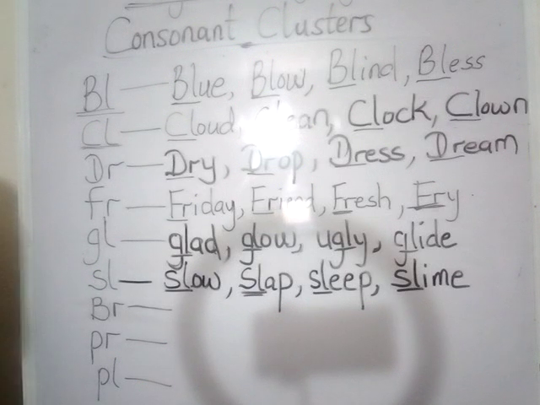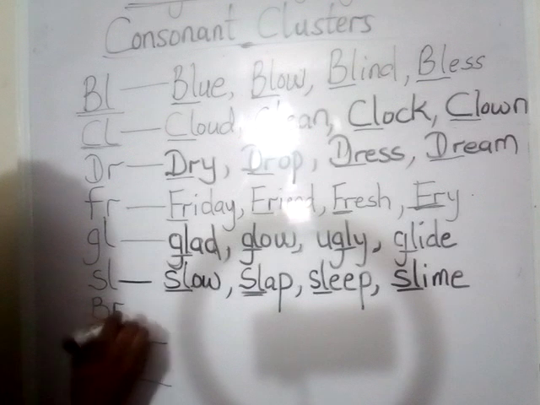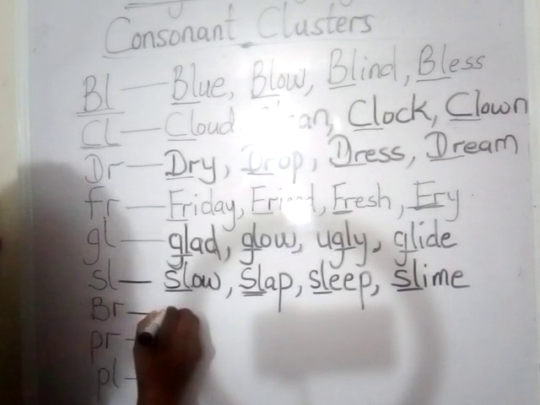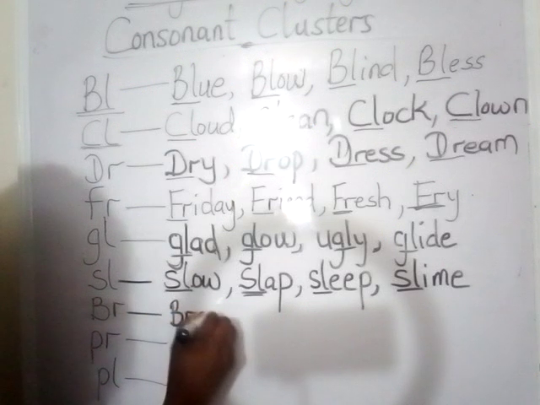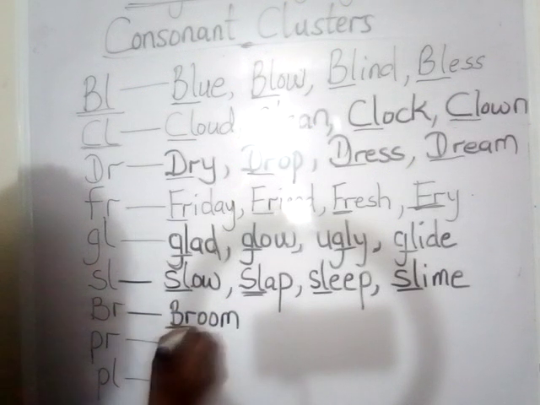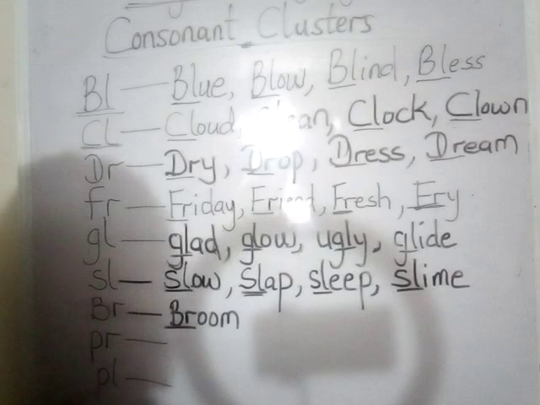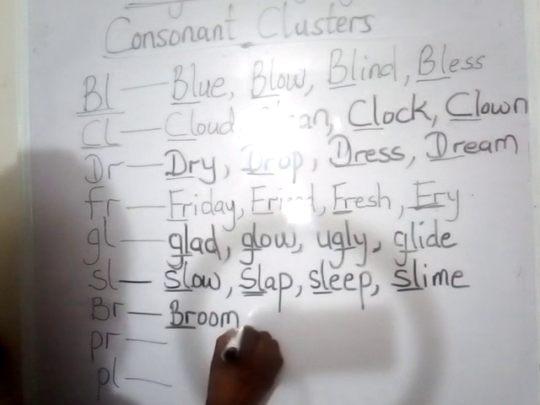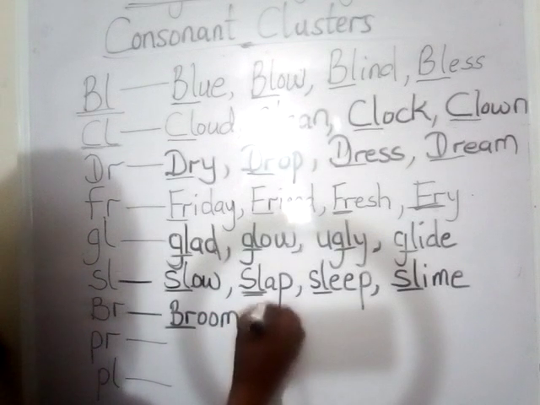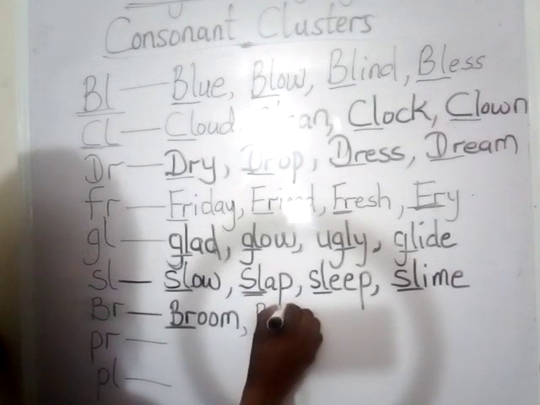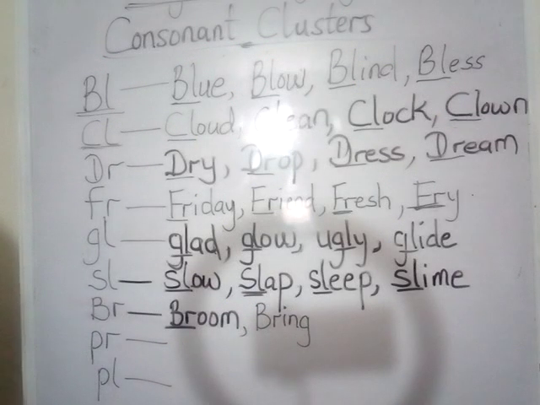Br. So the first word we are coming up with here is broom. Broom. You can hear the sounds of the two consonants. And the next one we have here is bring. Bring.